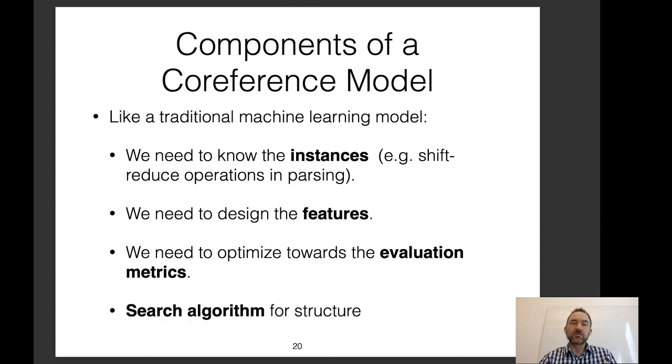And also for coreference, we need a search algorithm for structure. Coreference is an interesting structured prediction problem because essentially it's a combinatorial optimization over all possible assignments of noun phrases to clusters. So because of that, we need algorithms that can handle this as well.